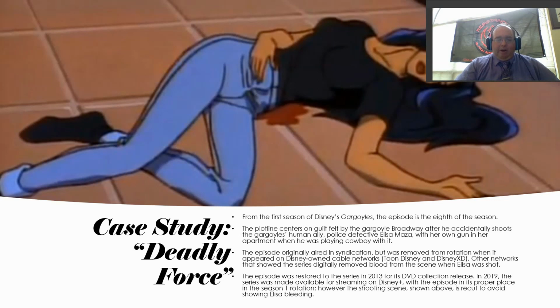The gun's still there. While she's distracted in the kitchen, he finds the gun and starts playing with it. He starts doing the typical cowboys and Indians things with it, and it goes off. What you're seeing here is the result of that shot. Okay, she's bleeding out on the floor of her kitchen.